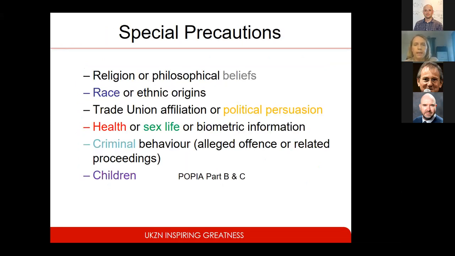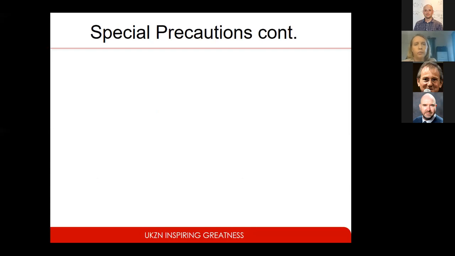These are the types of special personal information for which you must observe special precautions. You'll see children, health, political persuasions, race, a number of other factors are listed in Part B as special personal information, and Part C has provisions relating to children, anyone under 18.